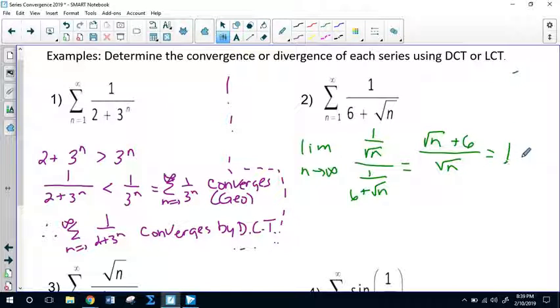As long as the value for the limit we get is between 0 and infinity, my original series and the series I was comparing it to, which was this one, behave the same way. And this one we know diverges by p series.